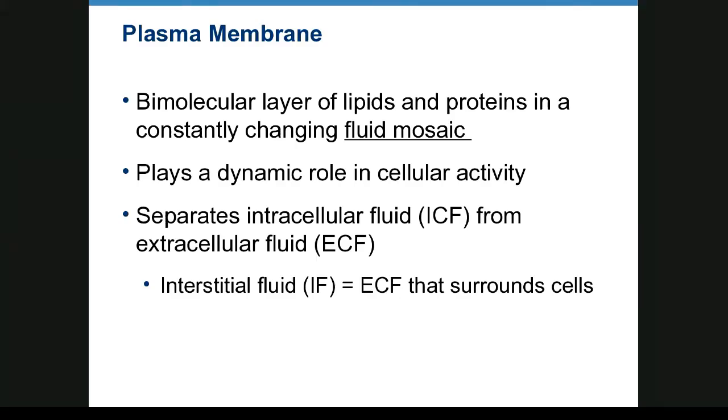The plasma membrane is going to take up the rest of this lecture because it is such an important part of the cell. Now, most people think, oh, it's just a wrapper, but it is an intimate part of the cell's structure itself. We call it a fluid mosaic because it's sort of squishy and movable, and it definitely changes shape, plays a dynamic role in cellular activity, and keeps insides in and the outsides out.